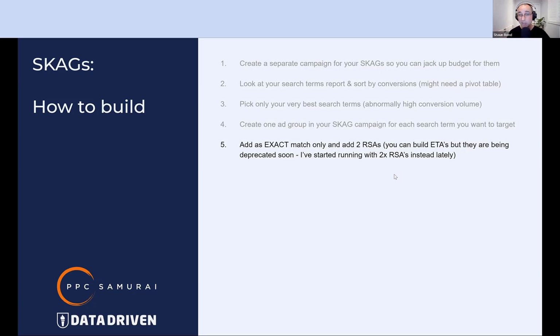Now, this might be a bit controversial, but I tend to use RSAs only now because ETAs are going, and you won't be able to add any more ETAs once Google turns off the switch. So I'm trying to get my brain around using RSAs instead of ETAs, and you can effectively do something kind of similar with RSAs that you traditionally would have done with ETAs in terms of ad testing if you've got multiple RSAs.